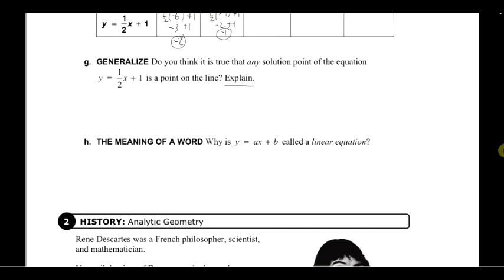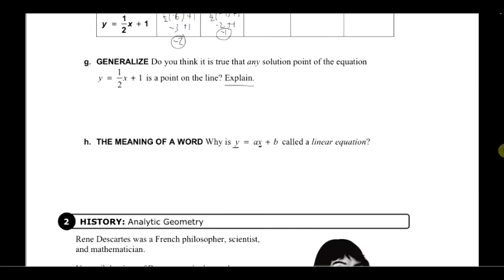Lastly, for this example, we need to look at y equals ax plus b, a linear equation. Let me help you here. The letters x and y will forever be there. They are always your variables whenever we plot these equations, because we have our x and y coordinates. So those are actual numbers that we'll put in there.